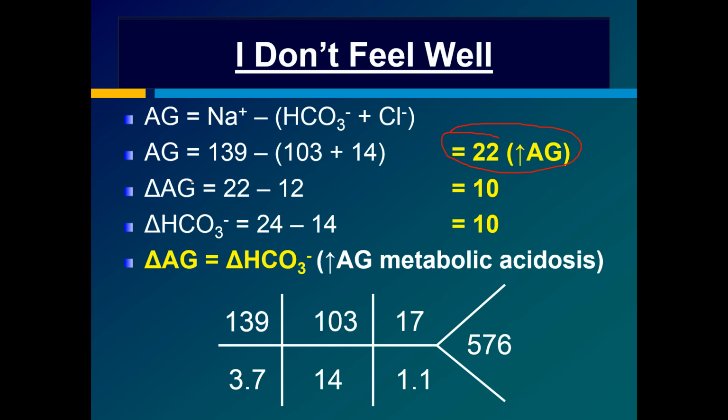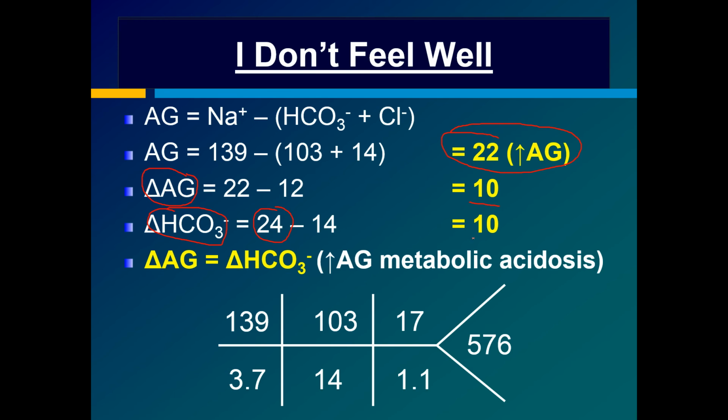So now what we also have to figure out is the change in the anion gap and how that compares to the change in his serum bicarbonate. The change in the anion gap, 22, which is what it is now, minus the normal, which is 12, gives you 10. If we also look at the serum bicarbonate, normally it should be 24, but right now it's 14.